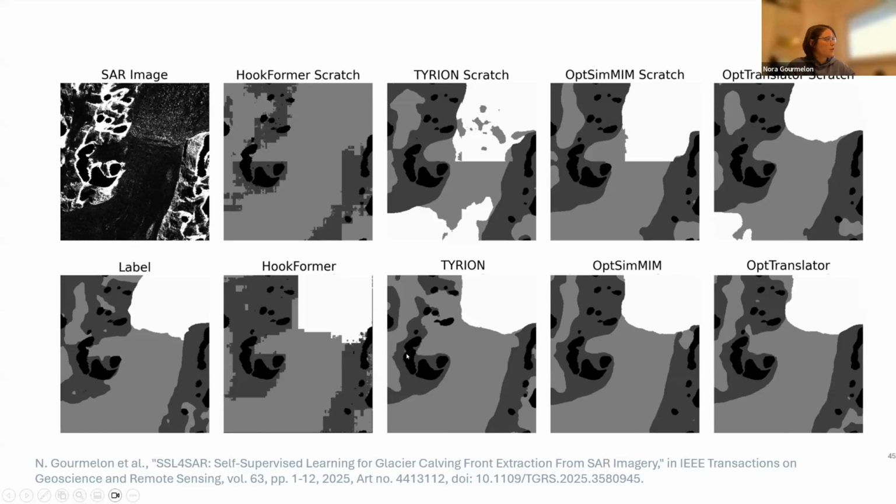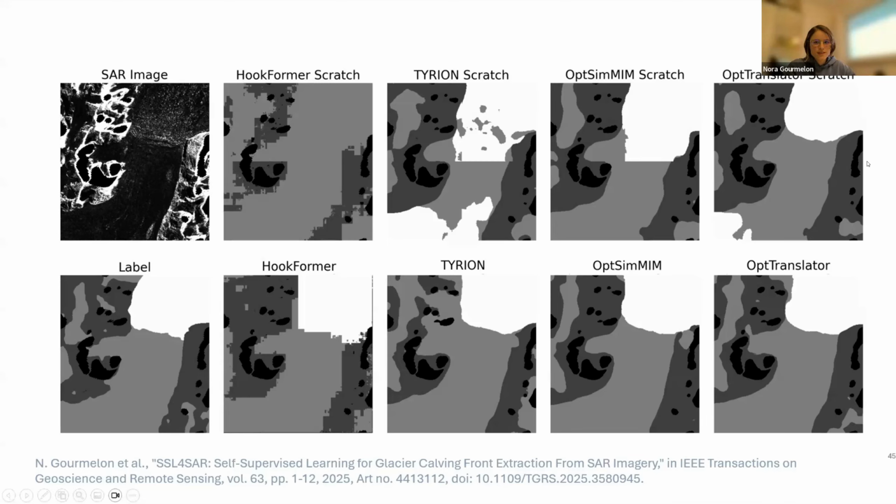Then we have our new architecture with pre-trained weights from ImageNet as the HookFormer has. And then we have the pre-training with the opt-sim-mim and opt-translator, also both starting from the ImageNet pre-trained weights. And on top, we have all of this without the ImageNet pre-trained weights.